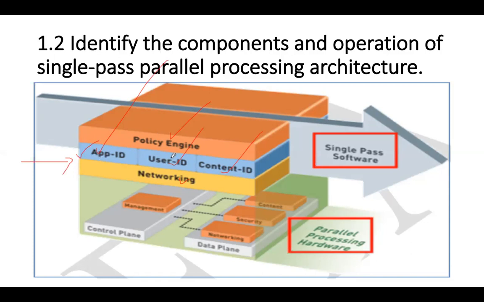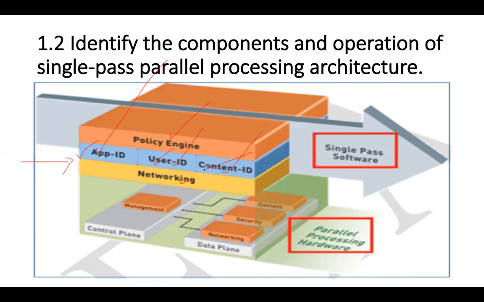Then user ID: which user is this traffic coming from, do I have knowledge about that user or not? Then what content it is carrying. If it is encrypted, it will decrypt it and then examine the traffic and the content it is carrying through.